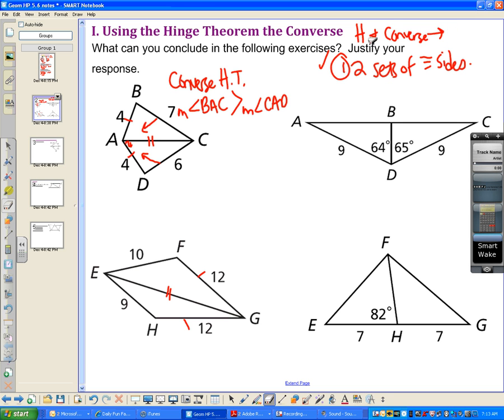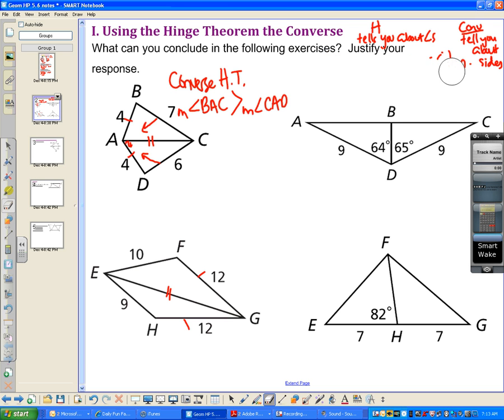Let's see if I can write this nicely for you guys. So the difference between the hinge and the converse. Hinge tells you about angles. Converse, they tell you about sides. So what does that mean? I'm going to erase this, sorry.